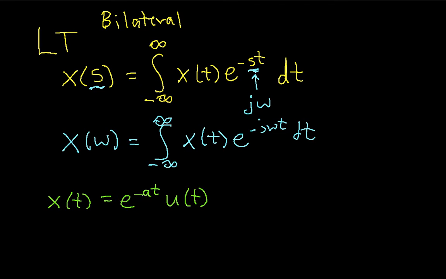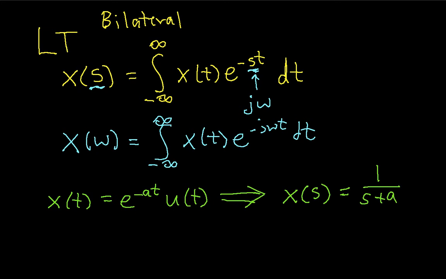Those of you that have already studied Laplace transforms will know that the Laplace transform of this is just, well, let's actually write it out. X of s is 1 over s plus a. Okay, so this is the Laplace transform of this time function.